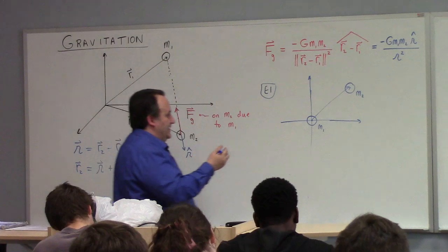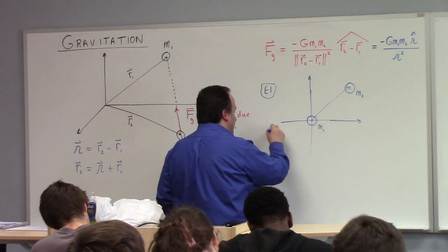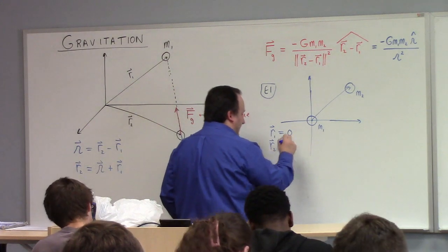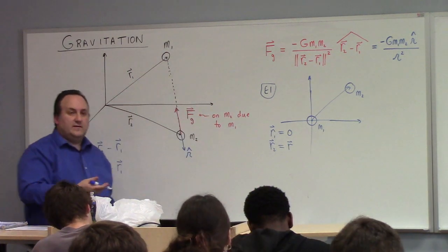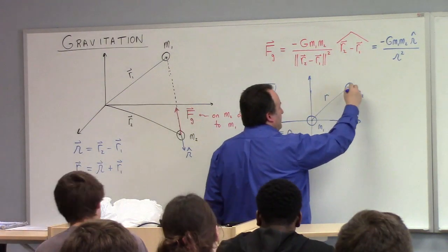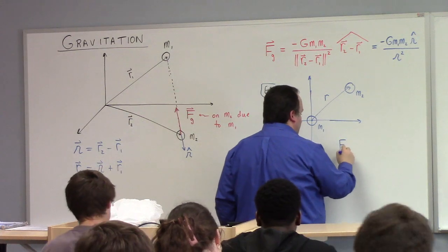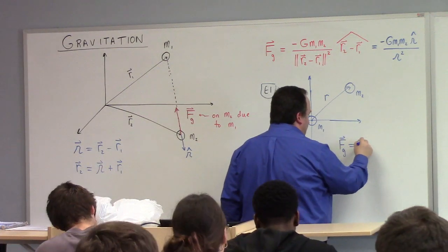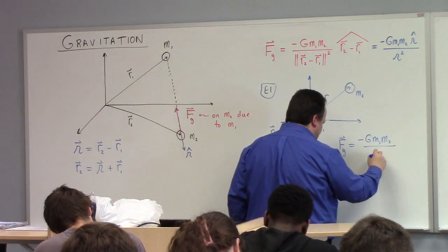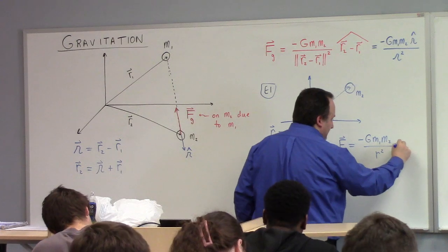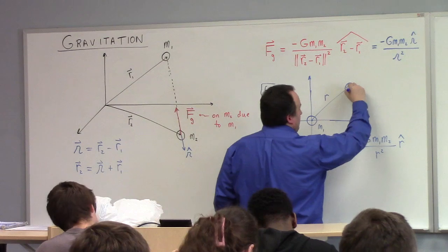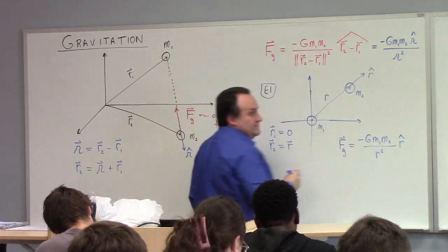In this case, R1 equals the origin, and we can just let R2 be the position vector of the second mass. So in that situation, the formula is a little bit easier. The force of gravity is just equal to minus G M1 M2 divided by r squared r hat, where r hat is just the unit vector that points out from the origin, like so.